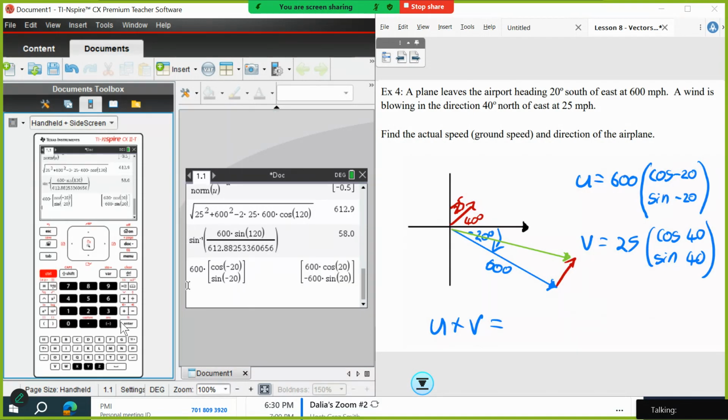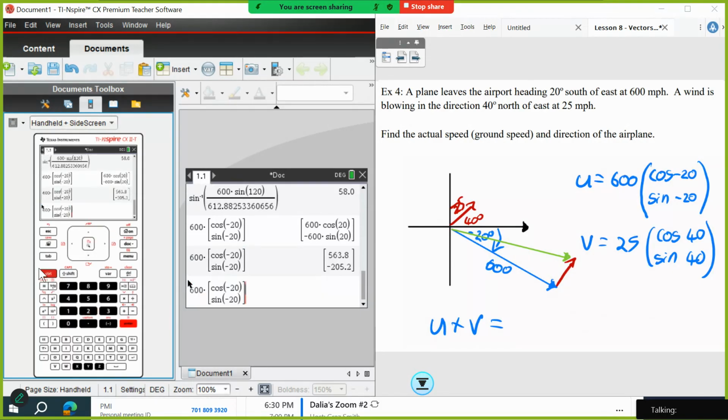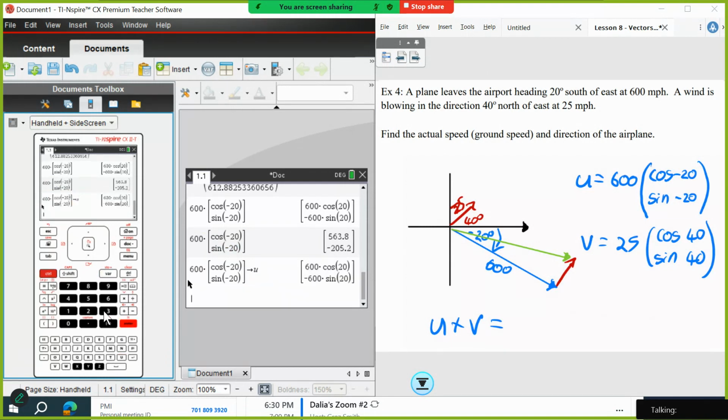So in component form, it's going to be this. This is the vector u, the plane's path. Let's grab that and store it in u. There we go. So u has changed now from our previous value.